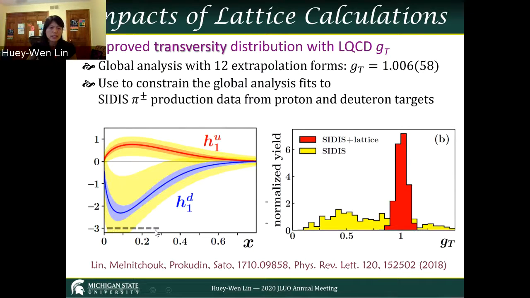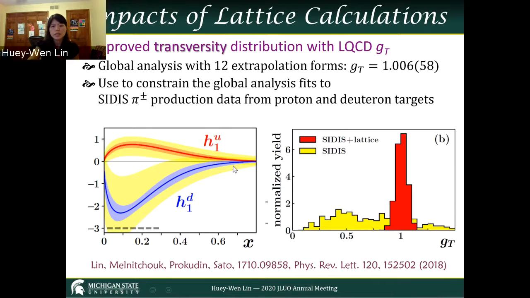The gray line indicates the x range where the data actually exist. You see that without the lattice constraint, we have this big yellow band because there is very limited data, and we try to pull out the whole range, and there's not a lot of constraint. But with the lattice g_T constraint, you can see it improves the distribution greatly.